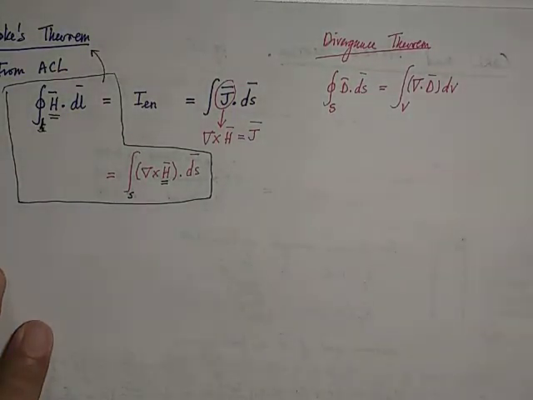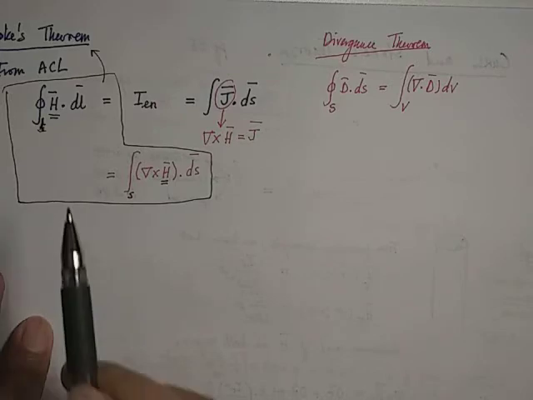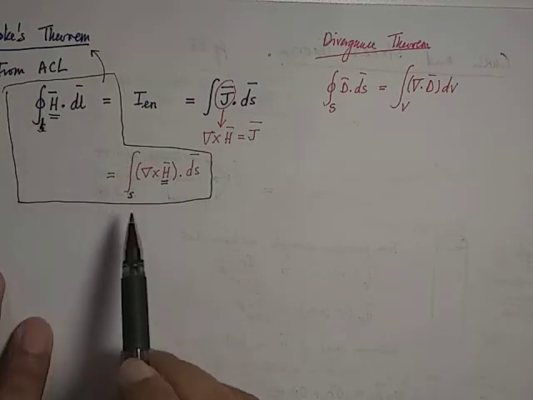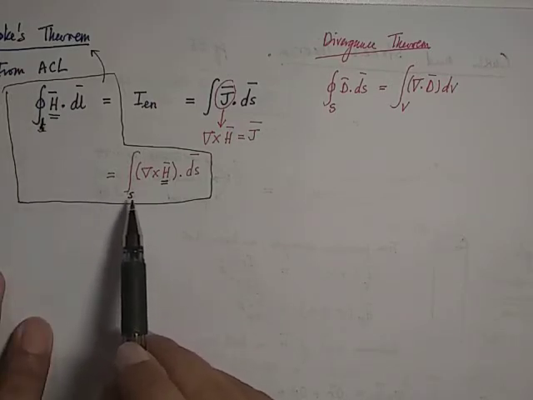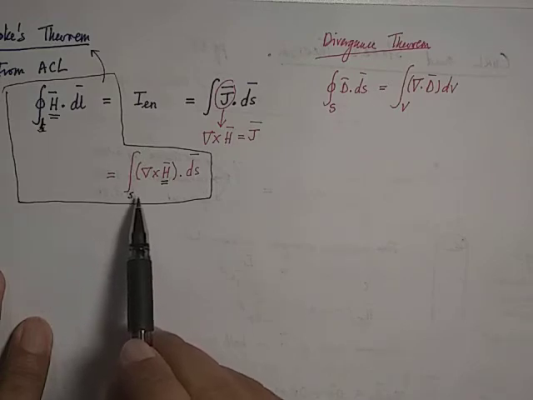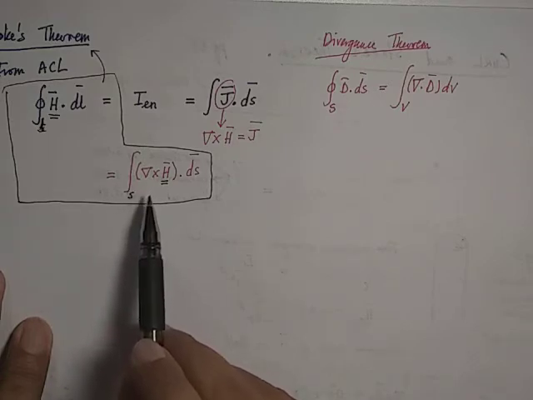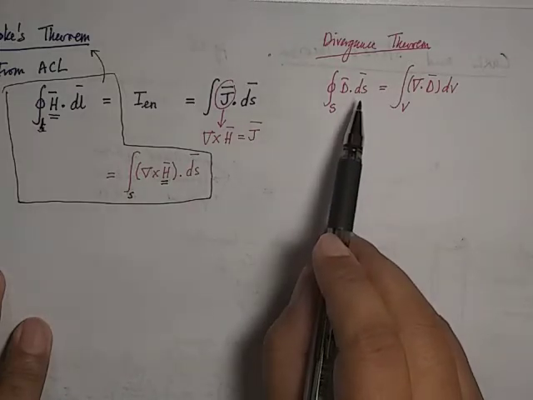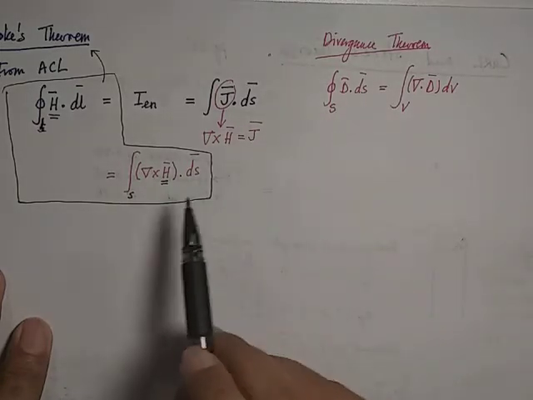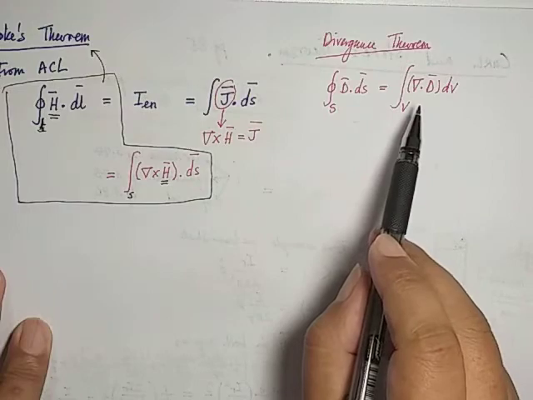Okay, so now if I want to convert my mathematics from surface to volume, what I need to do is, first, I need to use Stokes theorem. I change my line model mathematics to become surface model mathematics. Then from there, I'm going to adopt the divergence theorem, where I can convert my surface integration to volume integration model.